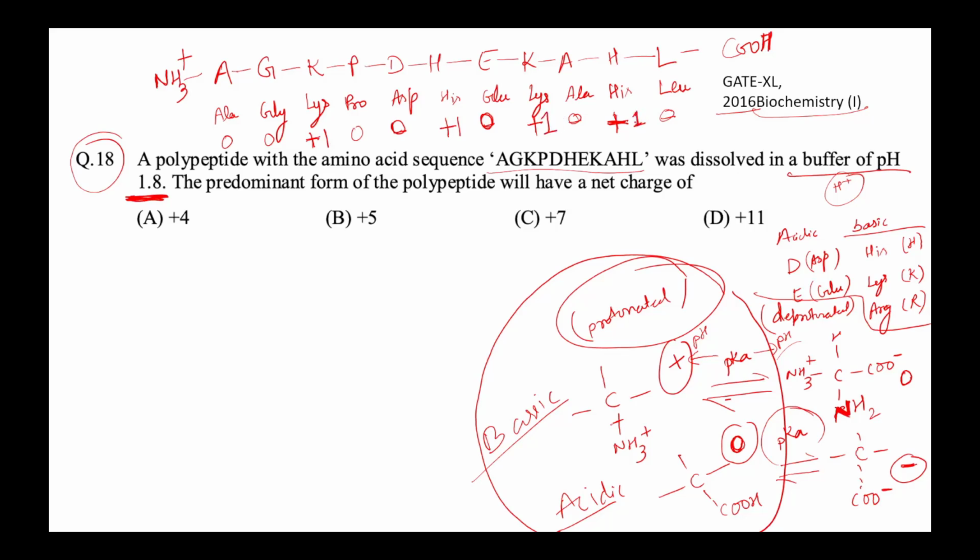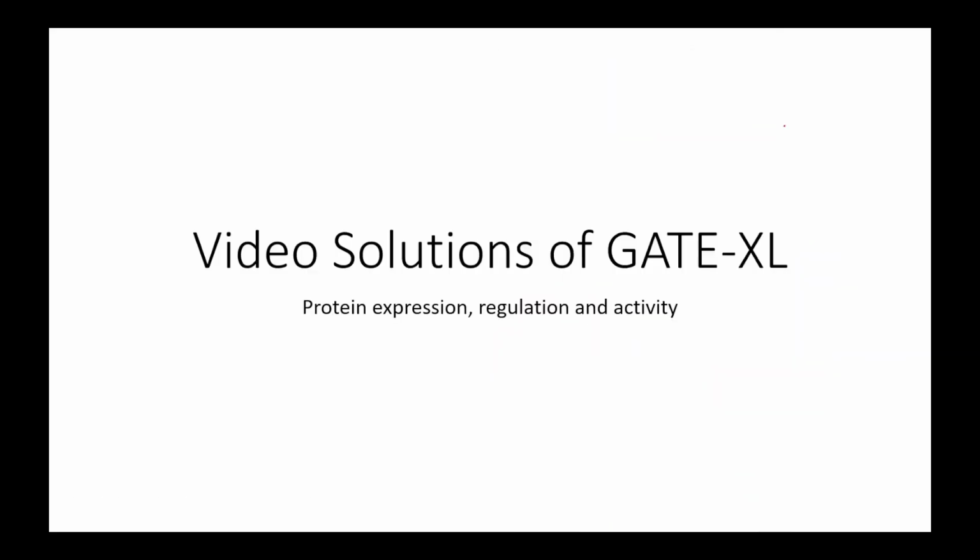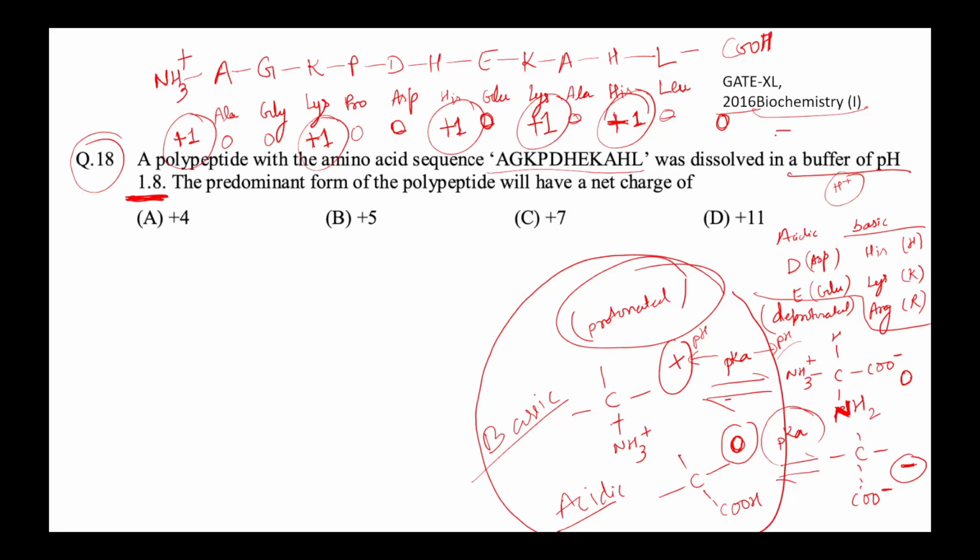The free carboxy group will have zero charge, and the amino terminal will also have a plus one charge. So now we have 1, 2, 3, 4, 5 positive charges, all combined. This polypeptide chain will have a total of plus 5.